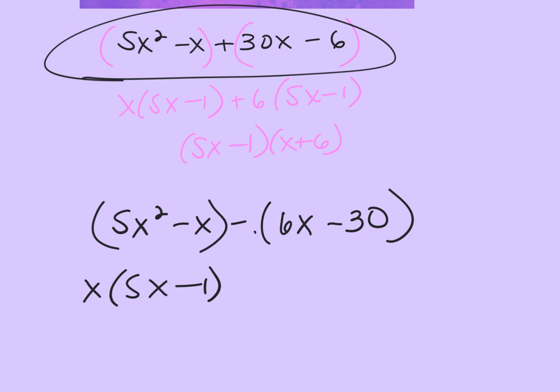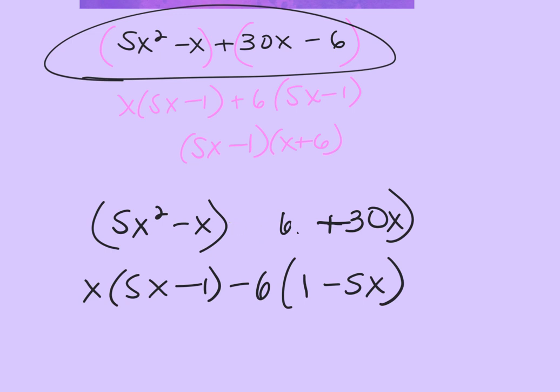So when you take out the 6x, it becomes 5. Hang on. Trying to make this up off the top of my head was not a good plan. Minus 5x. So let's say it said this. So this would have been a plus, and this would have been a minus.